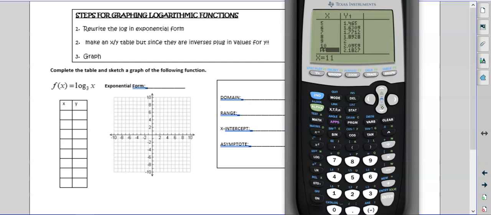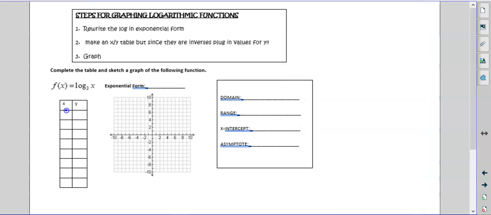So for this one, you're going to get 1, 0, 3, 1, and 9, 2. And that's all you got. So 1, 0 right here, 3, 1 right there, 9, 2 right there.